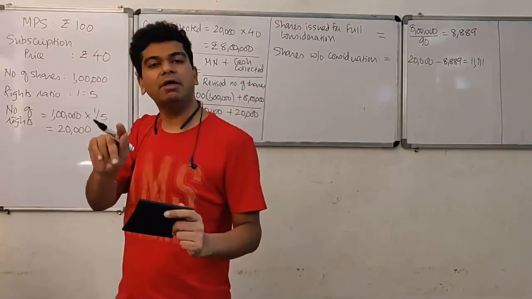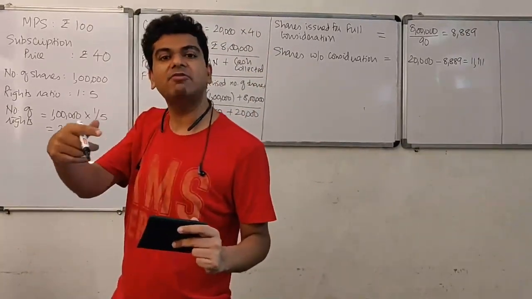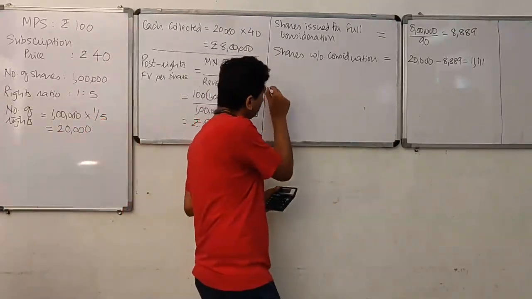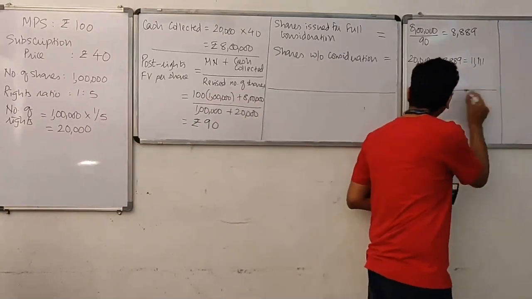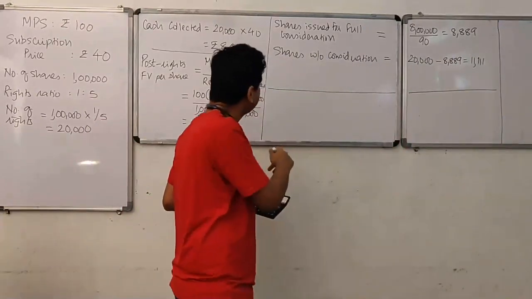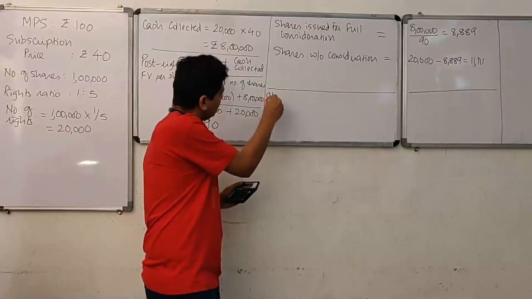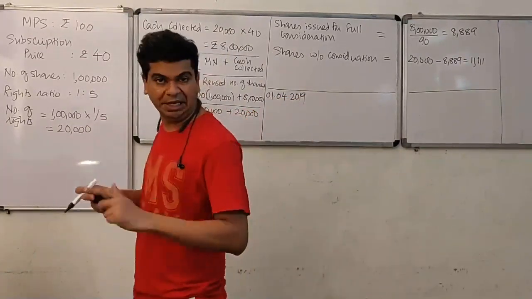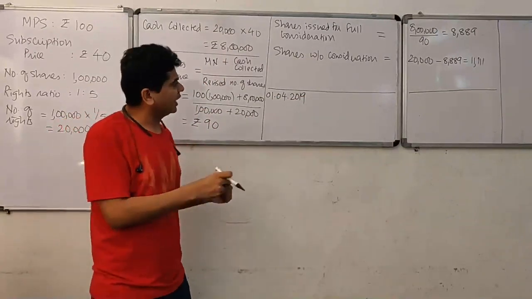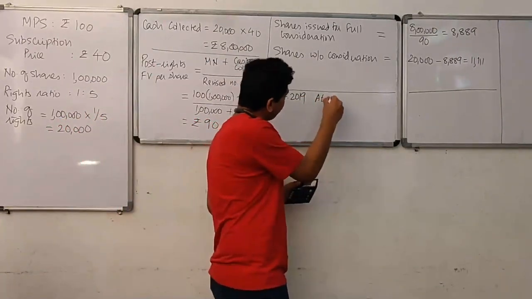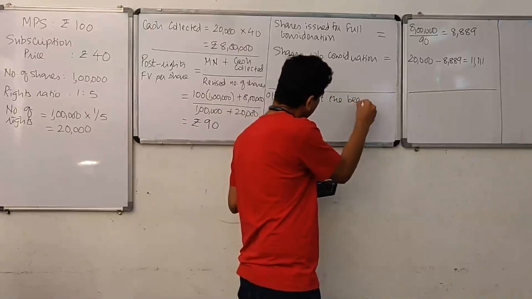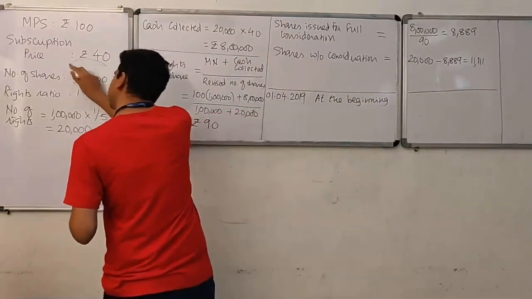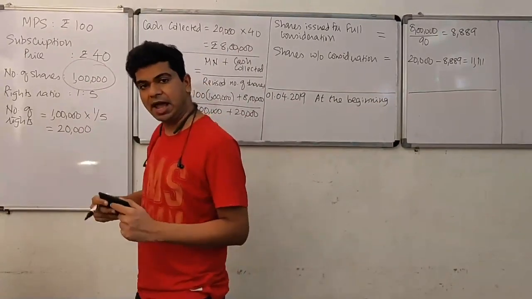This is how now I will determine the weighted average number of equity shares. Just check the way I will do it. Let's assume that the year beginning is 1st April 2019. So I will say shares at the beginning. Now we know that the number of shares at the beginning was 1 lakh.